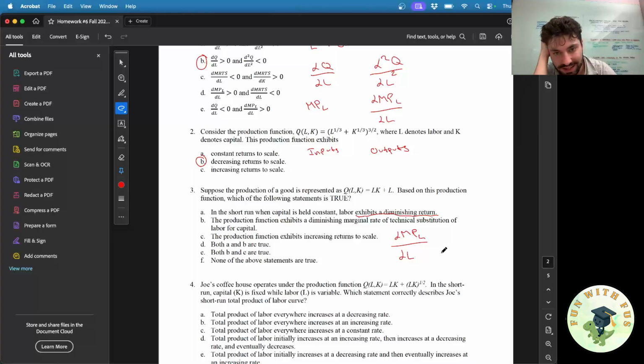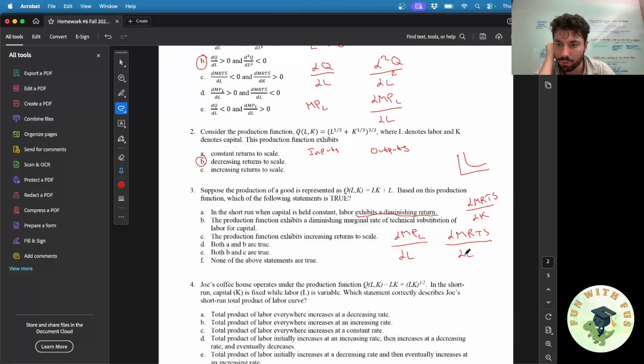Okay, that's kind of messed up. I think that this is asking me DMRTS, DL, and DMRTS, DK. And with this, I can determine the curvature. So with a diminishing marginal rate of technical substitution, that would mean that it looks something like that, our convex pattern from before.